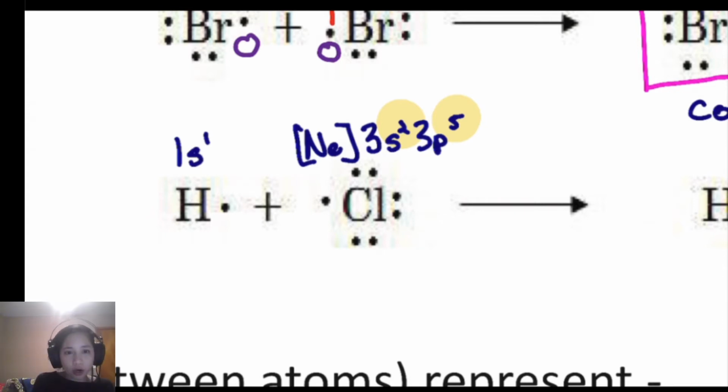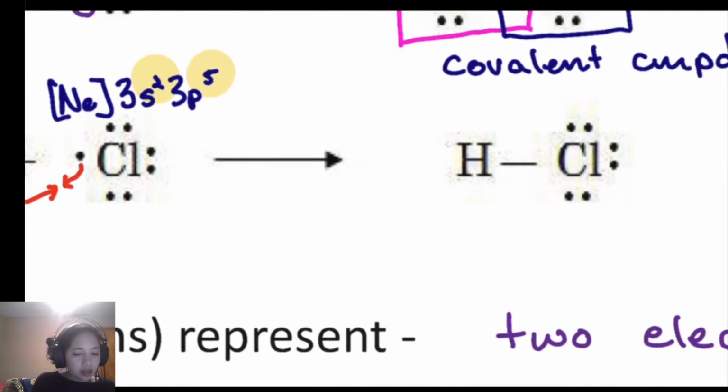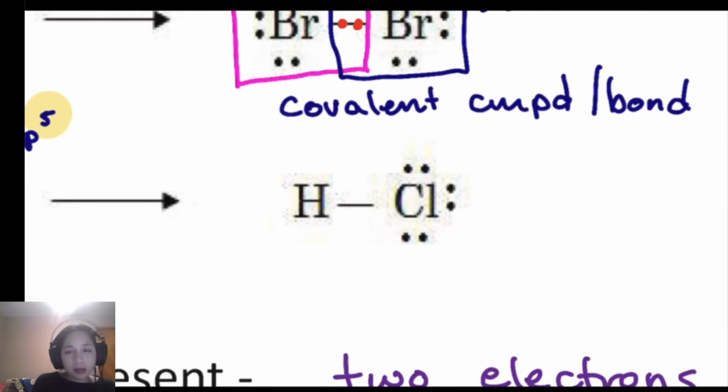So this is an example where it doesn't have to be the same atom, like we had bromine and bromine in the other example. We had two hydrogens sharing electrons. We can share electrons with other elements as well. So this hydrogen is going to share its electron with this chlorine. All right, and so then you'll get this bond, this figure here, where there are two electrons in that bond. So again, you can check the octet rule for both.